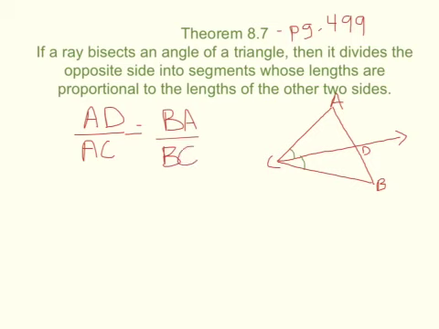The reason I know that CD is an angle bisector is because they show me these marks there that indicate angle ACD is congruent to angle DCB.